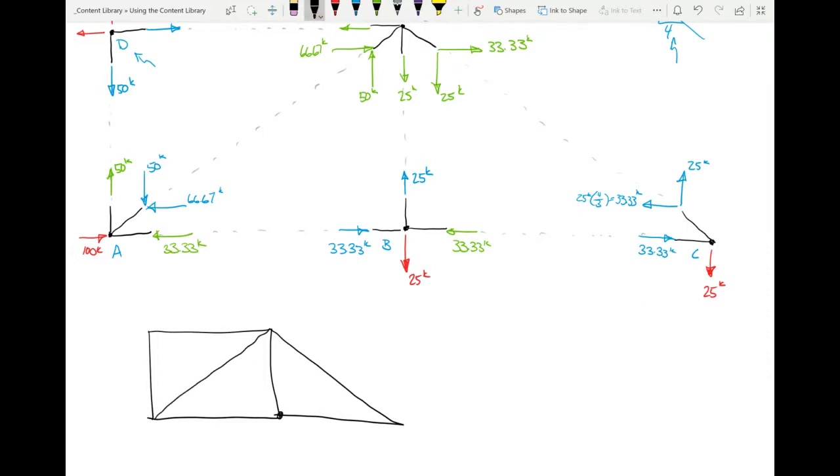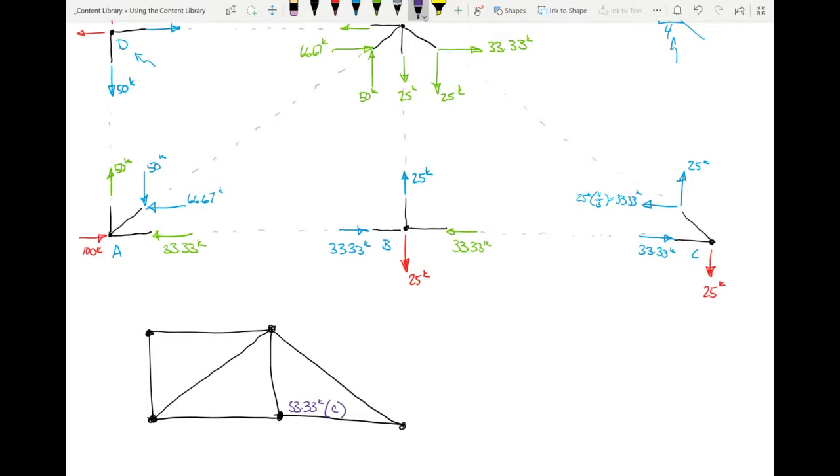I can go in and just start writing down all of my forces, right? So what are my forces? Okay, so this one, let's use purple here. This one is 33.33 kips in compression.